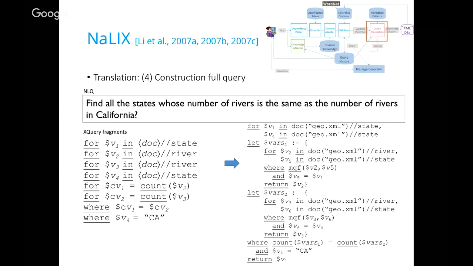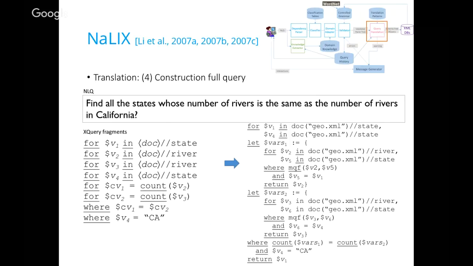And here for another state and river, return all of them. And then I enforce some predicates for all of them. So for the second pair of river and state, I say the state should be California. And then I compose a join statement, saying the count of the number of rivers should be identical.